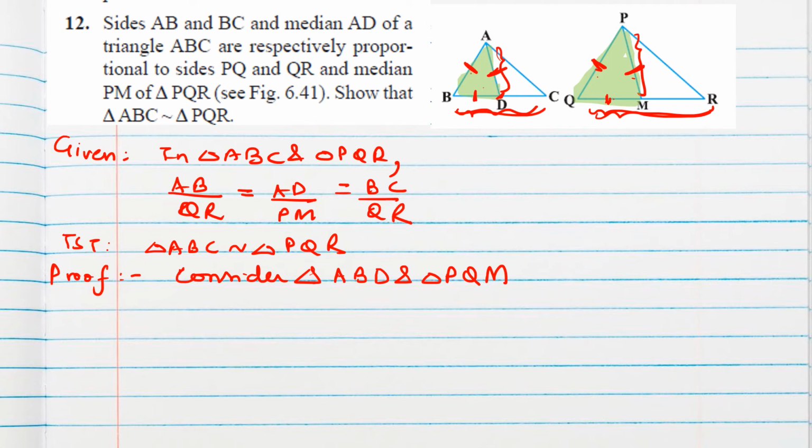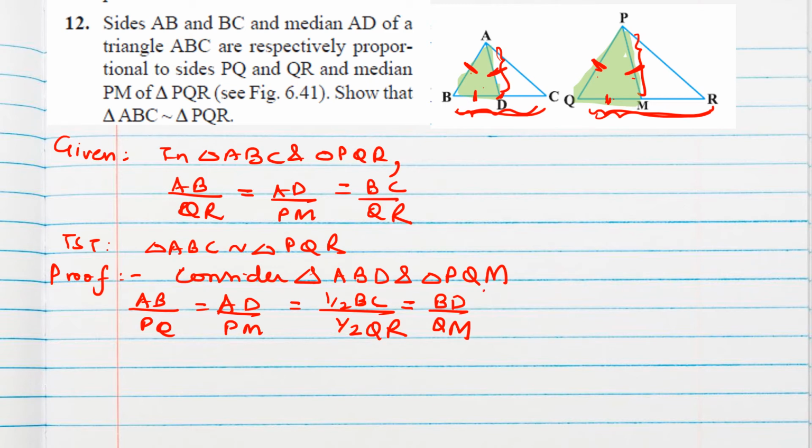In these two triangles, already given AB by PQ, AD by PM and BC by QR. I will write BC by QR as half BC by half QR, meaning BD and QM. BC by QR is the same as half BC by half QR. So we can write here, since D and M are midpoints.